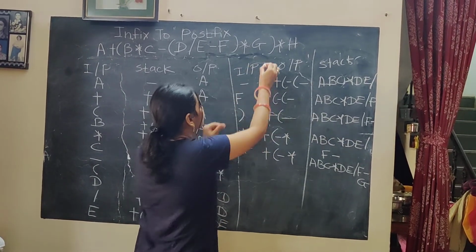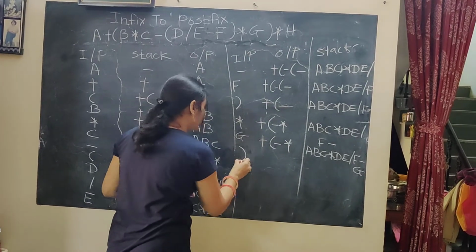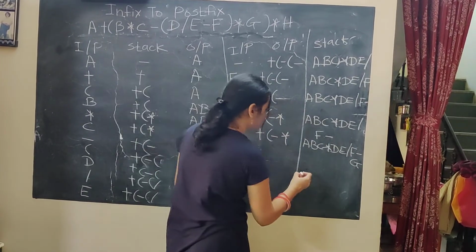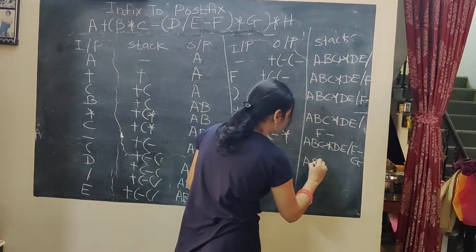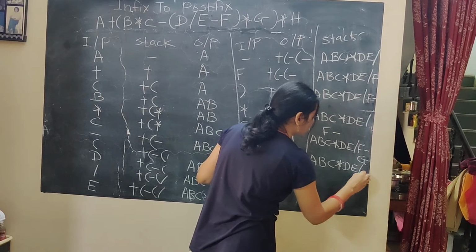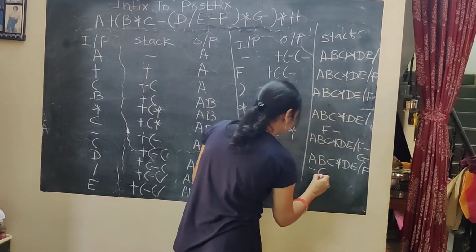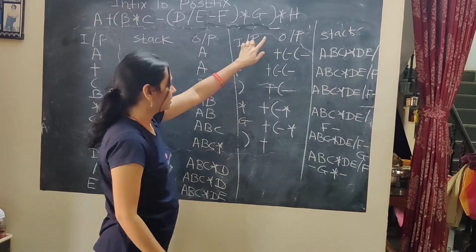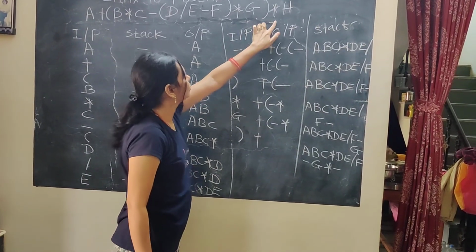Now next is what? Next is the closing parenthesis. When we have a closing parenthesis, whatever operators we have will be moved to the output. So it becomes A B C into D E slash F minus G star minus. Now after closing, what is next?